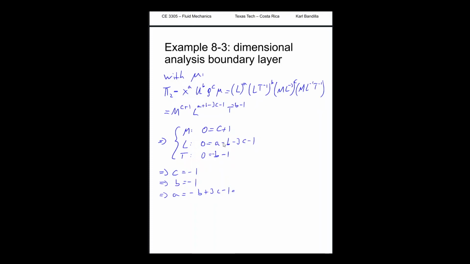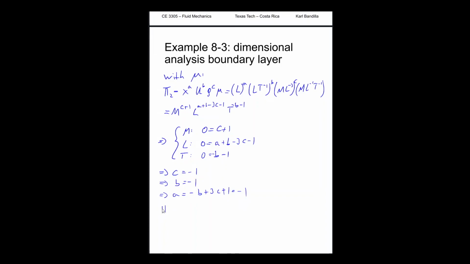Looking at L, not at T, that's a minus 3, and then that's a minus 1. That all looks good. So now if I solve this for A, I had minus B plus 3C, well, that was a minus 1, so a plus 1. That was the issue. So now we have B was minus 1, so that's a plus 1. Plus 1 minus 3 is minus 2, plus 1 is minus 1. There we go. That's what we're looking for.